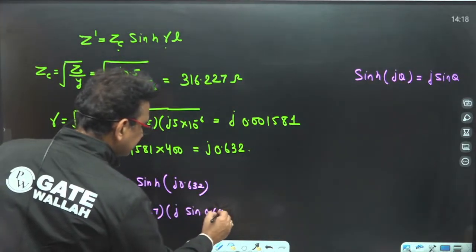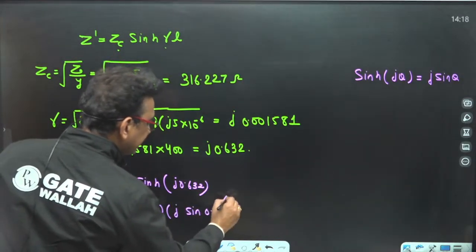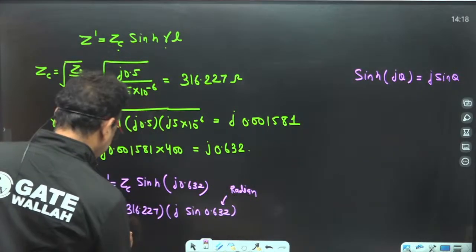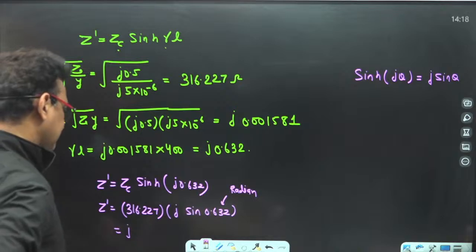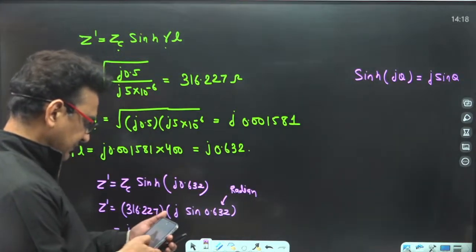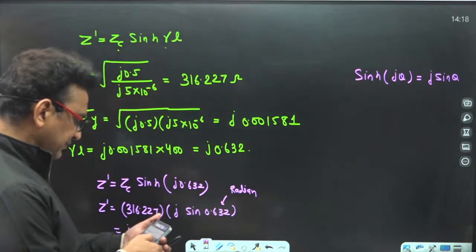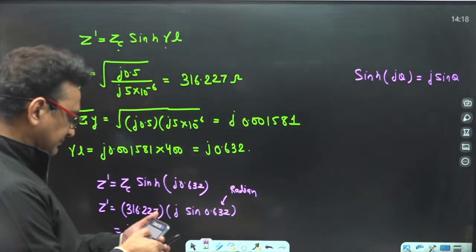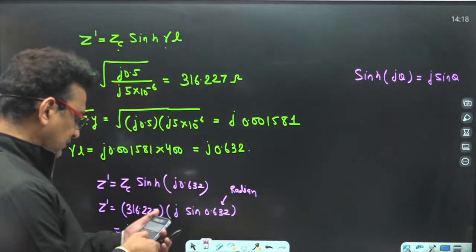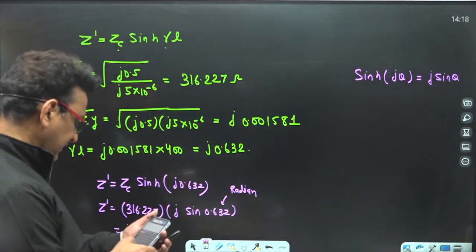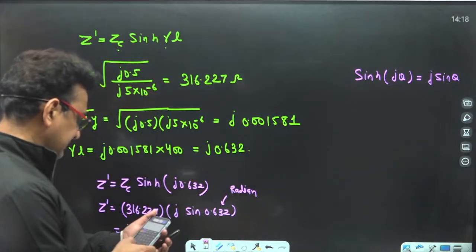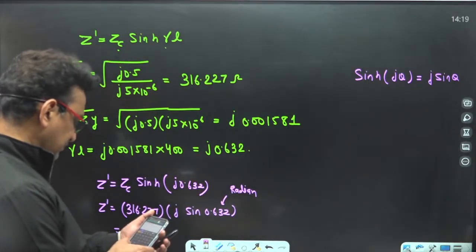Sin theta means, now you will assume this is in terms of radian. 0.632 in terms of radian. So, first convert the calculator mode from degree to radian. Now, find out sin 0.632 and multiply by 316.227.